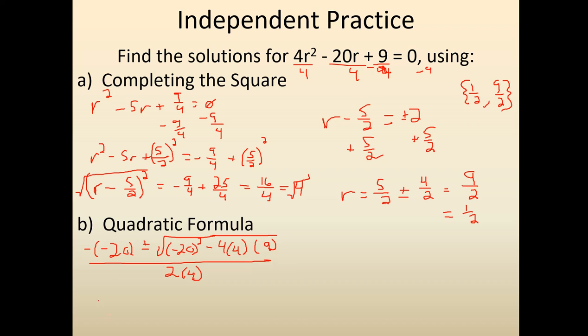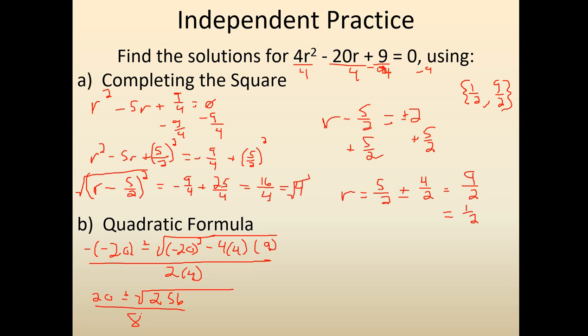Negative times a negative is a positive, so this is 20. Underneath the radical, when I plug all this stuff in, making sure to type it in the calculator exactly as you see it here, you get 256. And this will be divided by 8.